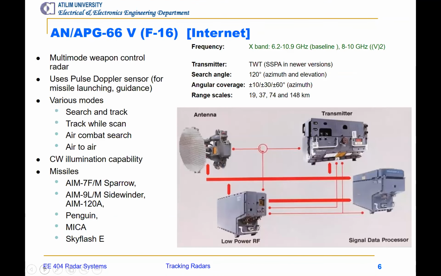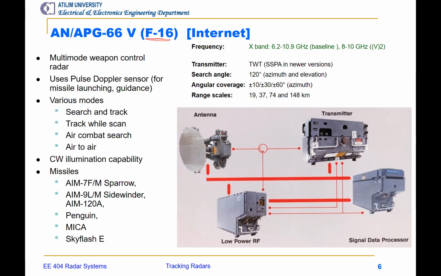Okay, here I just want to show you a slide about a specific radar, AN/APG-66 version 2 and 3. It can be found on the internet, so this is not specific to this course actually, but it's used in the F-16.